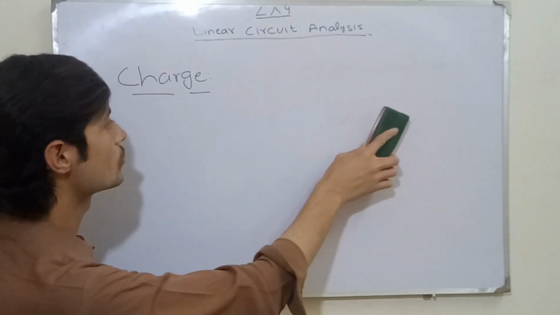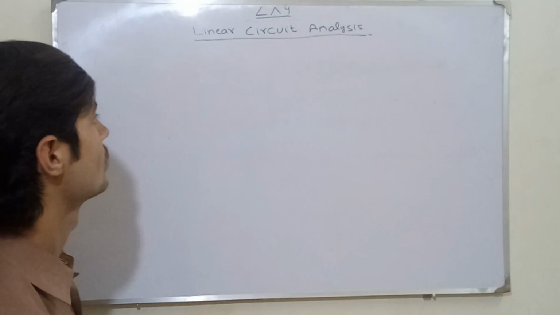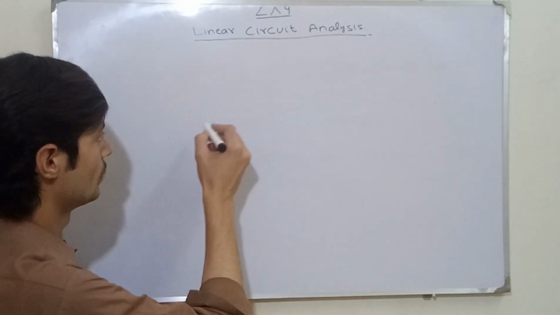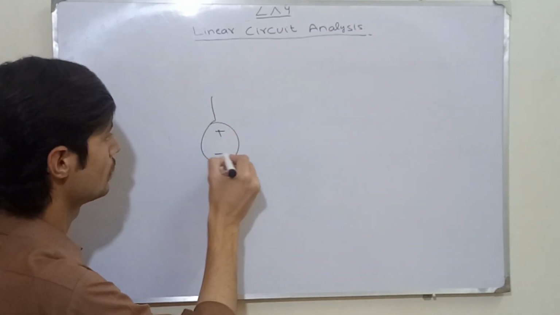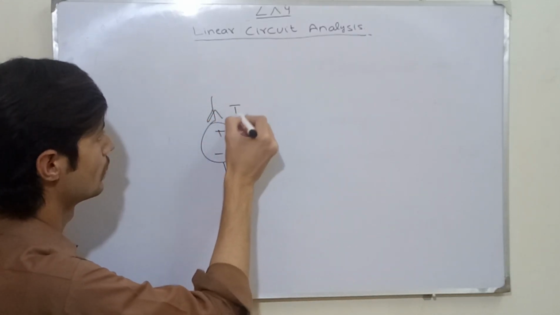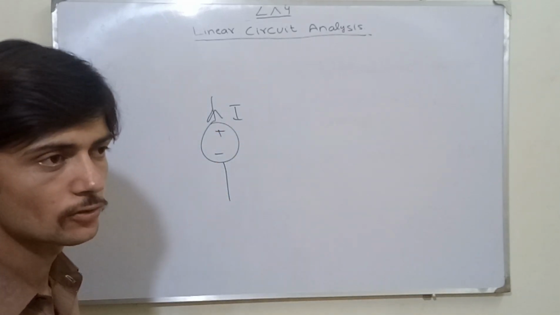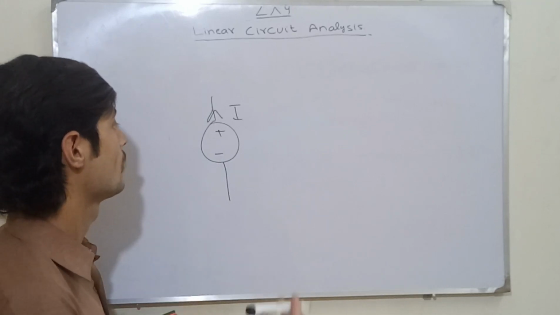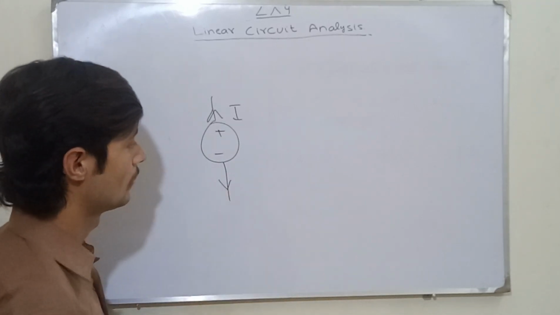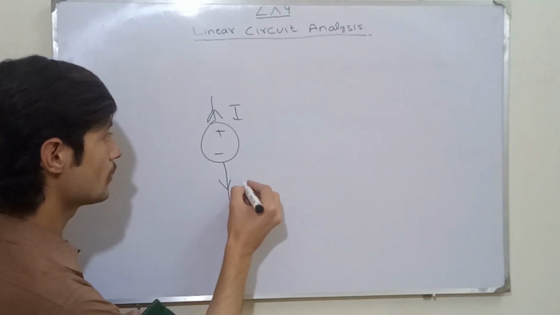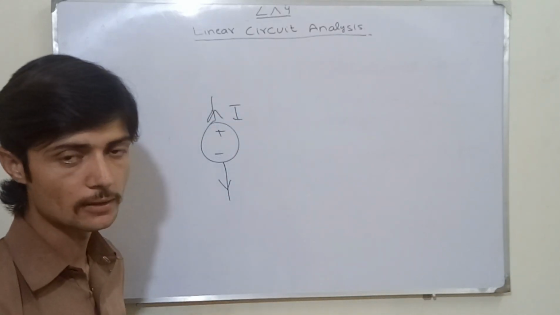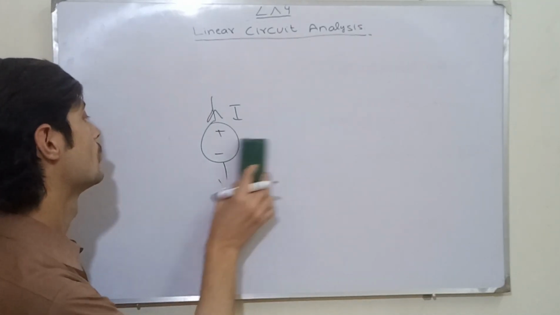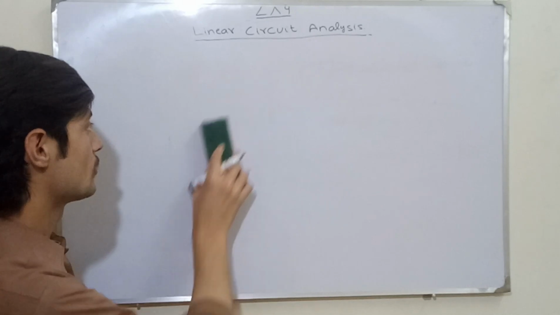Conventional direction will be used in the whole course. This is conventional current. Actually, the electronic current in the circuit is in the opposite direction. Conventionally, we will use this current, which will be represented by I, and the unit of current is ampere, according to the SI system.